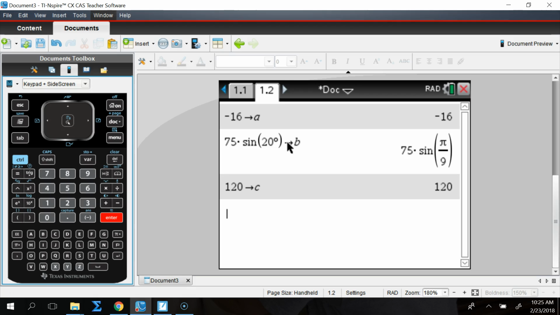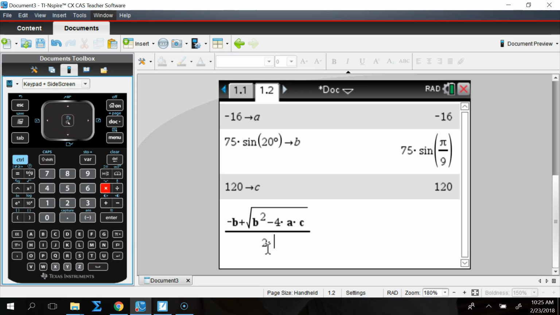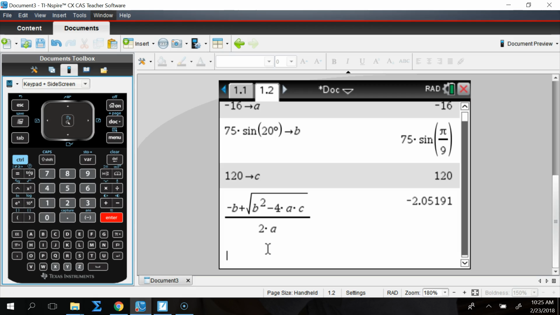Now, by doing that, what I have allowed myself to do is now I can just type in the quadratic formula. The opposite of B plus the square root of B squared minus 4 times A times C all over 2 times A. That's going to give me one of my zeros.